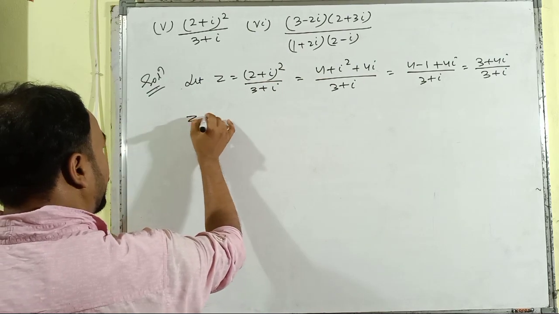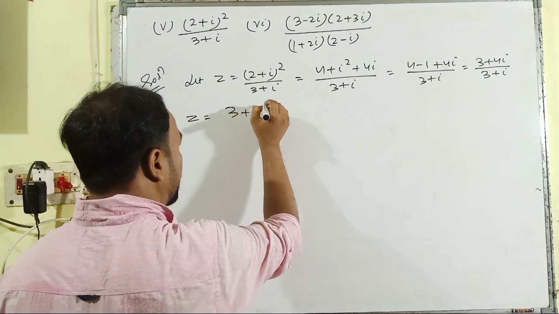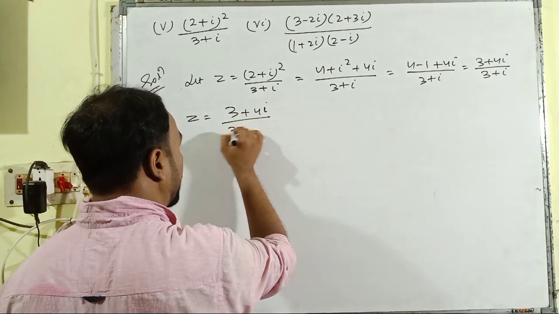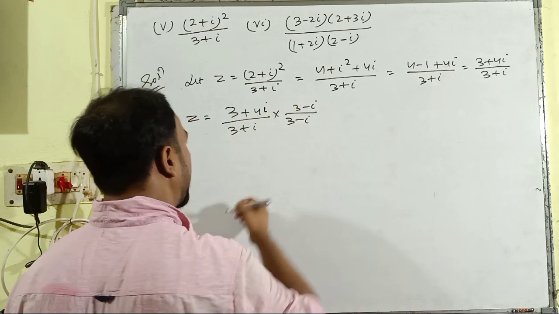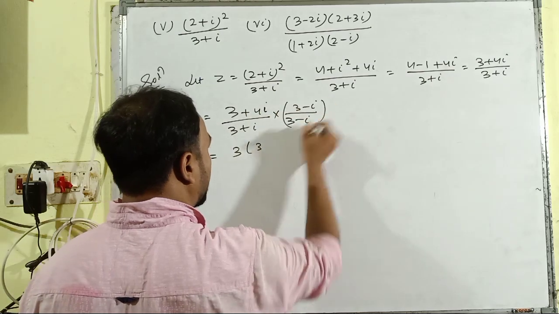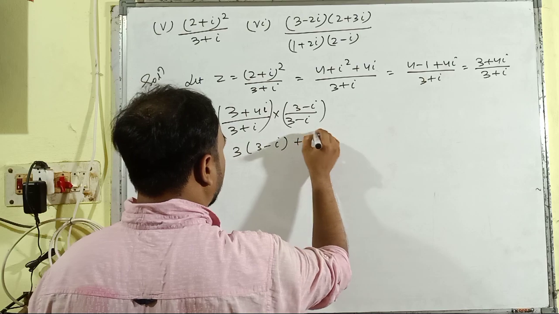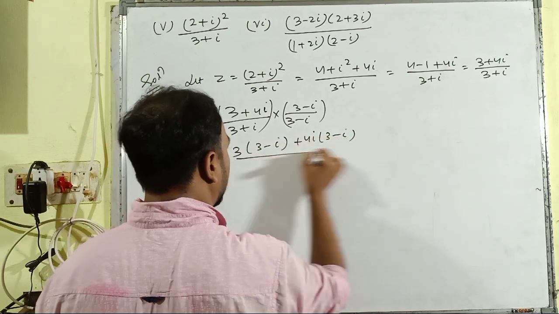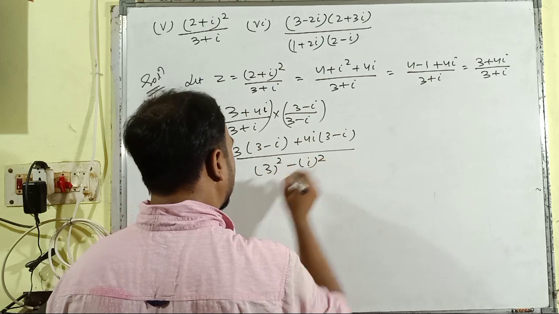Then we have to rationalize it by multiplying the conjugate of the denominator. Three multiplied with (3 minus i), then 4i multiplied with (3 minus i), divided by 3 square minus i square.